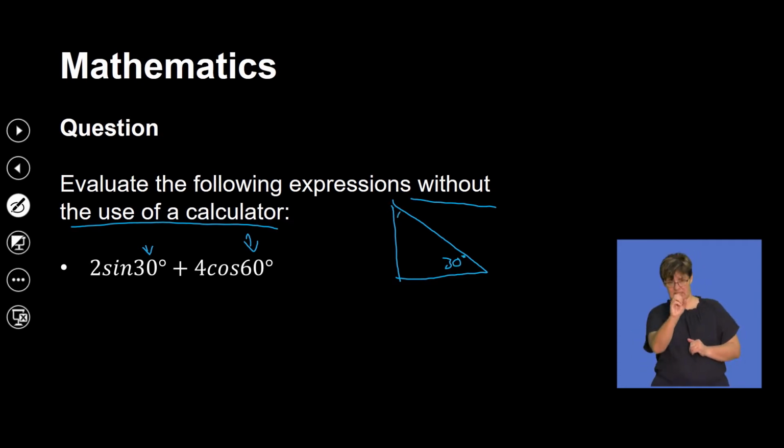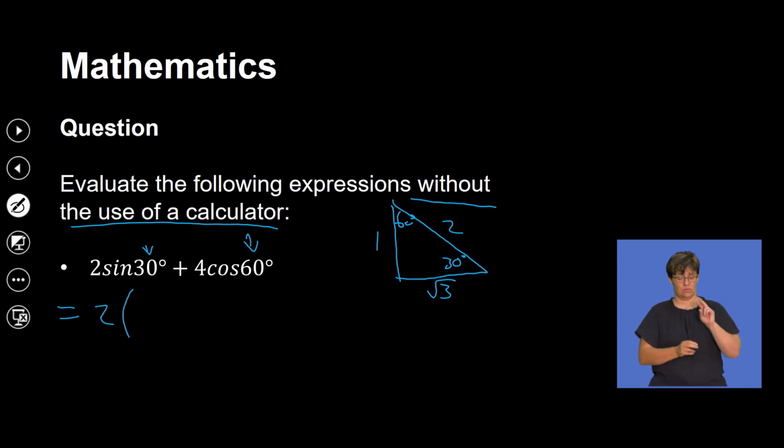It has 60 degrees there. The opposite of 30 is 1, and then the adjacent is root 3, and the hypotenuse side is 2. And then you can work around whatever we have here. So sine 30 degrees will be opposite over hypotenuse, so that's 1 over 2. I open brackets.